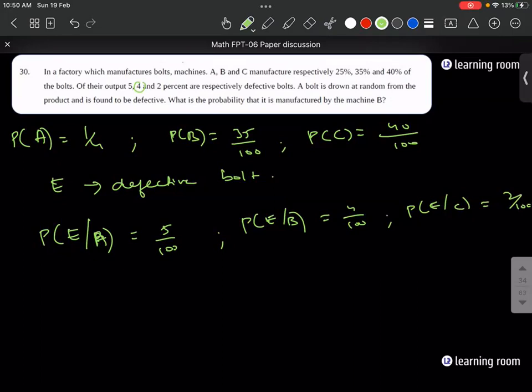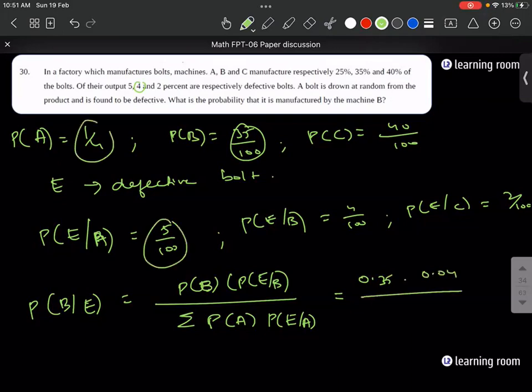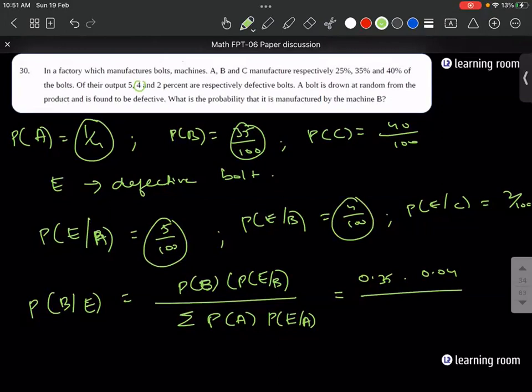So all these things are there. What they're asking is what is the probability of B given E? So that will be probability of B into probability of E given B divided by the sum of all the probabilities of A into probability of E given A, and so on. So it will be 0.35 into probability of E given B, which is 0.04, divided by the corresponding products added.